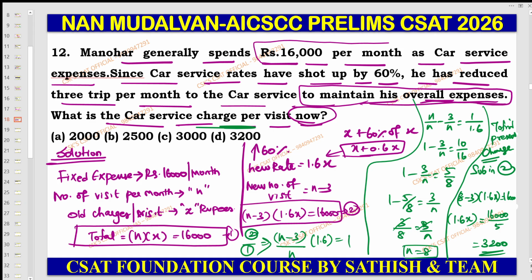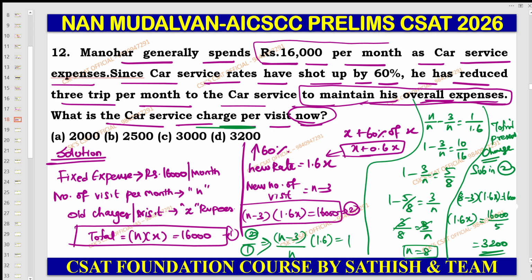Why are you focusing on the x? Paramanand, you are focusing on the x. X becomes the old charge. But what is the question? What is the car service charge per visit now? So what is 1.6x? Mistakes happen.